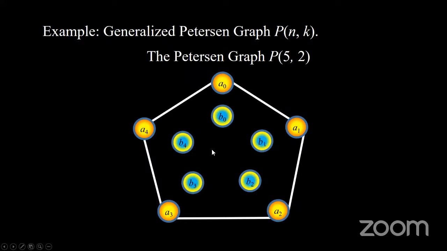Each outer vertex is connected to the inner vertex like that. Then the 2 means you have to count 2 and join. For example, from this one, 1, 2, you go to that vertex, and so on. Understand?